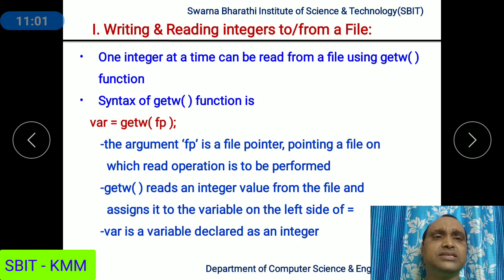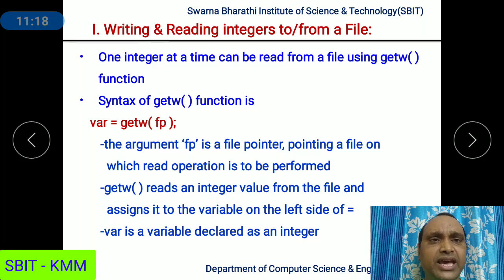This getw function is very similar to the getc function which we discussed in the last class. There we used getc to read only one character at a time from the specified file. Similarly, here we can use getw to read only one integer value at a time from the specified file.